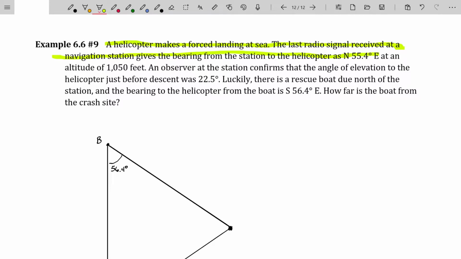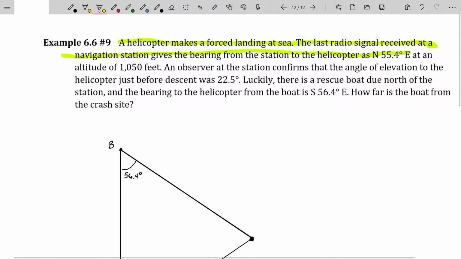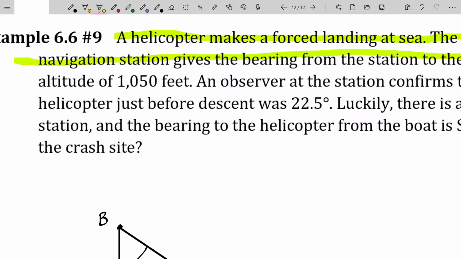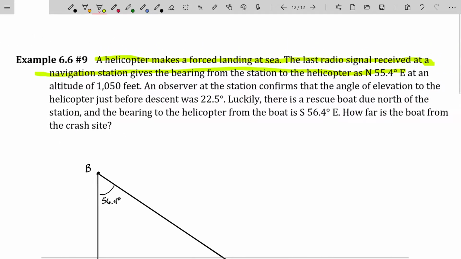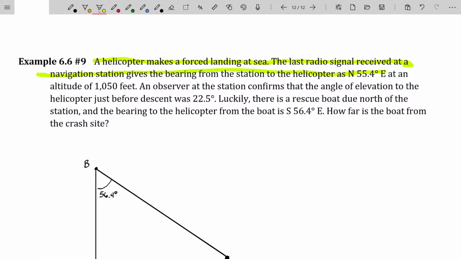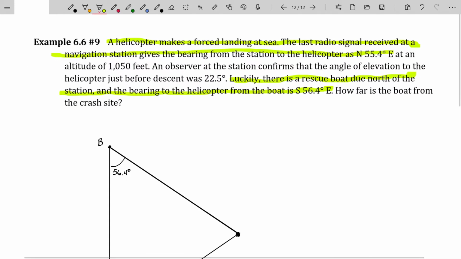We haven't taken care of that altitude. That's going to be important. We didn't take care of the angle of elevation, 22.5 degrees, so we'll take care of that in a moment. We did label the rescue boat due north of the station, and we labeled the bearing from the boat to the helicopter.